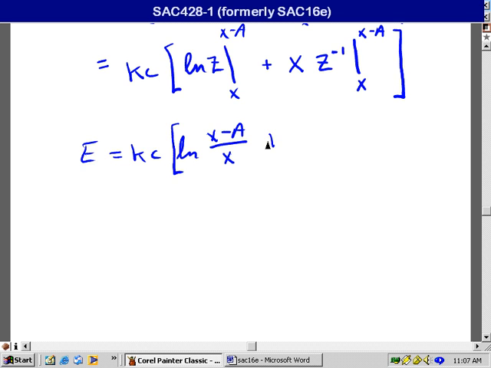And then plus, I'll have x times z to the minus 1 evaluated at x minus a, so that's x over x minus a, and then minus x times z to the minus 1 evaluated at x, that'll be x times x to the minus 1, or just 1.